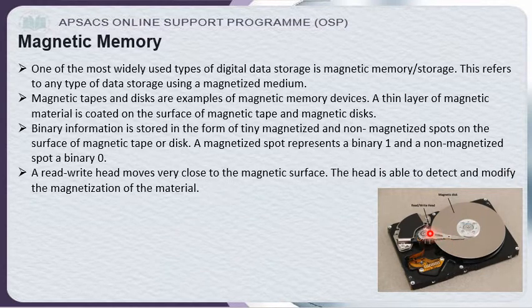On a magnetic storage device such as a hard disk, there should be a mechanism to read or write that data. So a read and write head is used, which moves closely to the magnetized surface, and this head is able to detect the magnetized material on the surface of this disk.